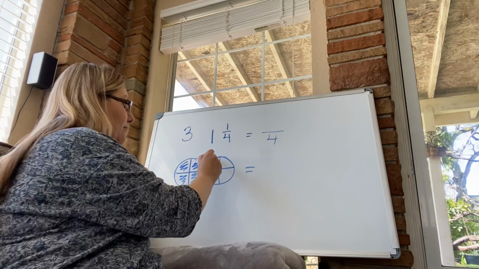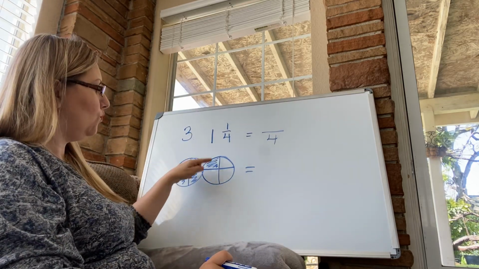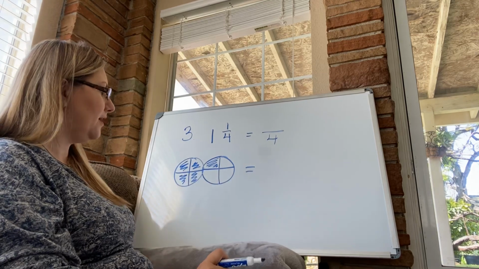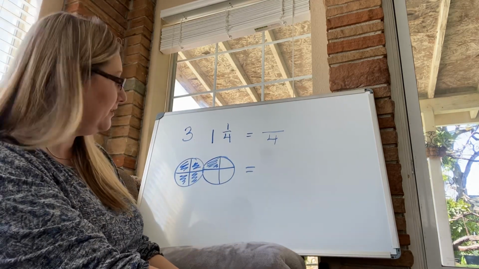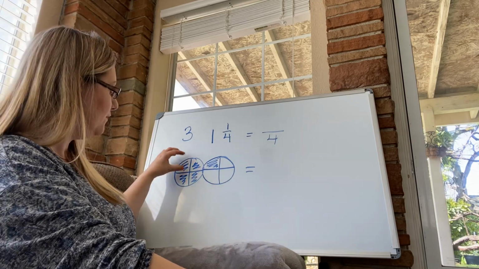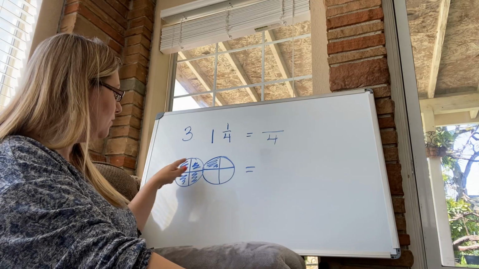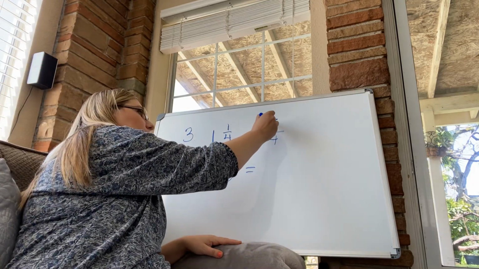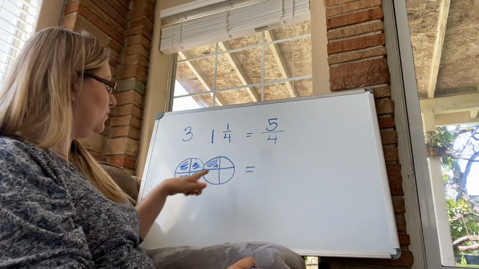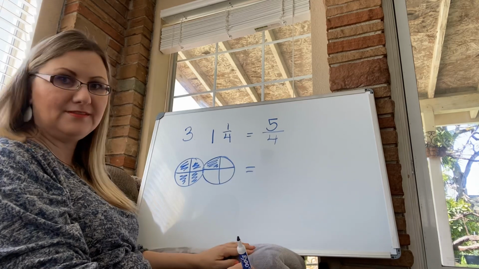And then the second part, this is 1 1/4, 1 out of 4. So now the question is, and now we can see a little bit more clearly, how many of these fourth pieces makes 1 1/4? Well, let's count. 1, 2, 3, 4, 5. So 1 1/4 is the same as 5 fourths.